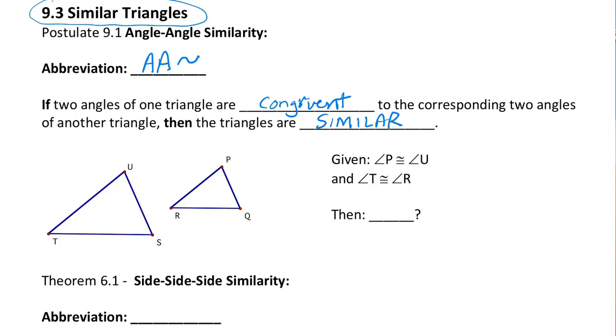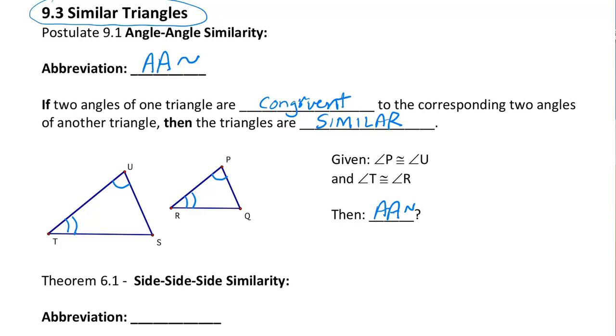So given angle P is congruent to angle U, and angle T is congruent to angle R, we can say these two triangles are similar by angle-angle similarity.